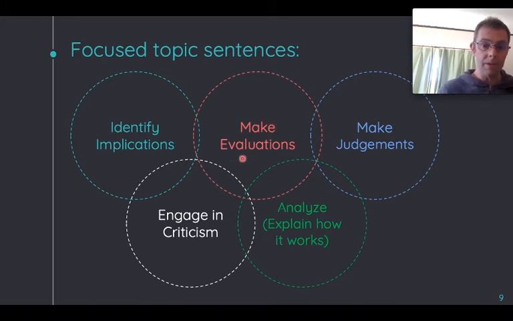Making evaluations, how good is it? Making judgments, is it effective or not? Engaging criticism, so this is where you could look at, for example, take a Marxist perspective or a gender perspective. And analyzing, explaining how something works. Most of your paragraphs are going to be in this circle here for high school.